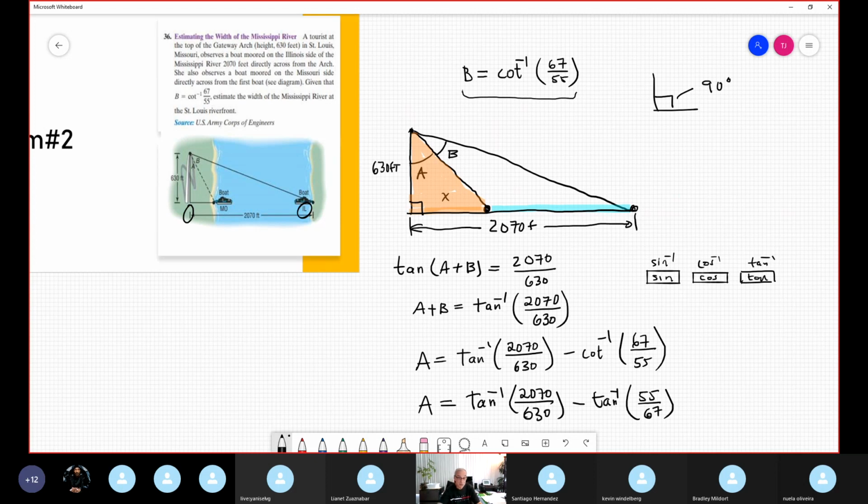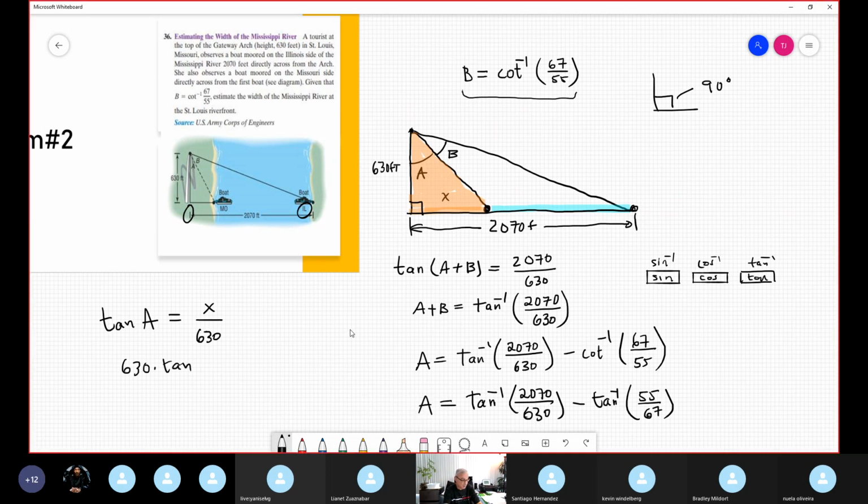And now you apply tangent again. Tangent of the angle A, okay, I have in my hand the angle A is equal opposite over adjacent, que es 630.